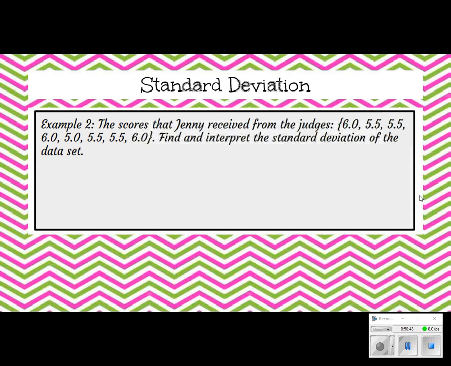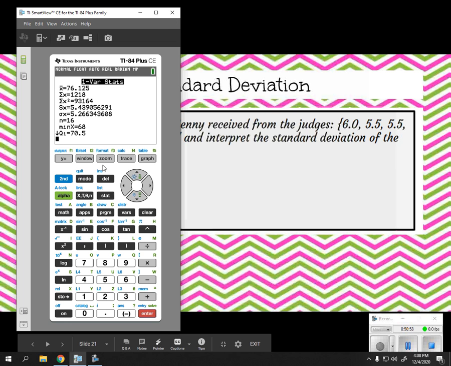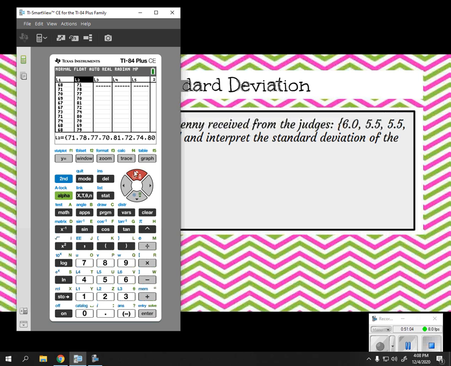All right, so here's another one: the scores that Jenny received from the judges, and we want to find and interpret the standard deviation. Again, we need a calculator. We're going to hit Stat, Edit, and we want to get L2 out of there completely. Then we'll fill in L1.